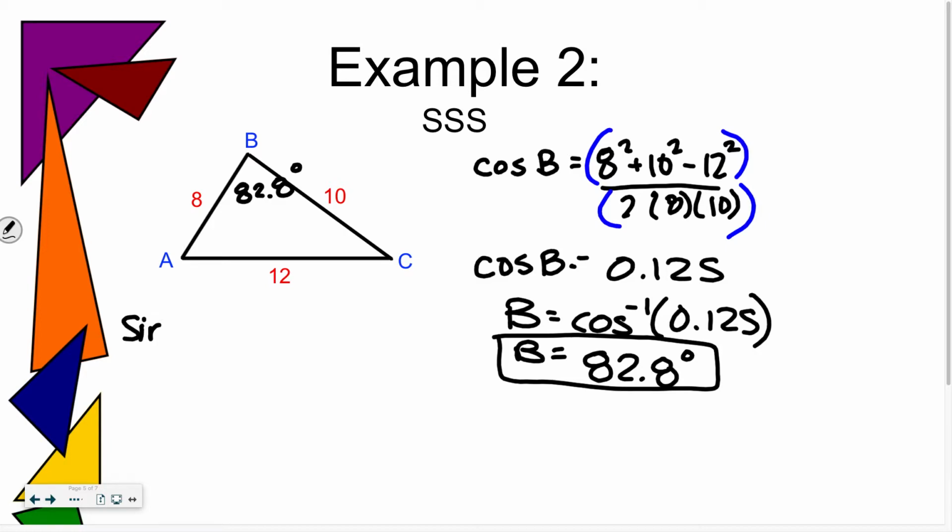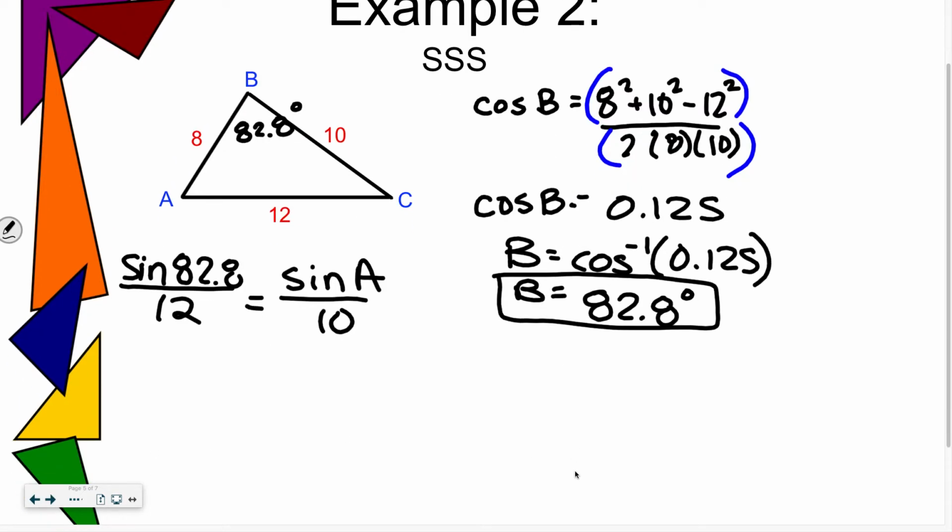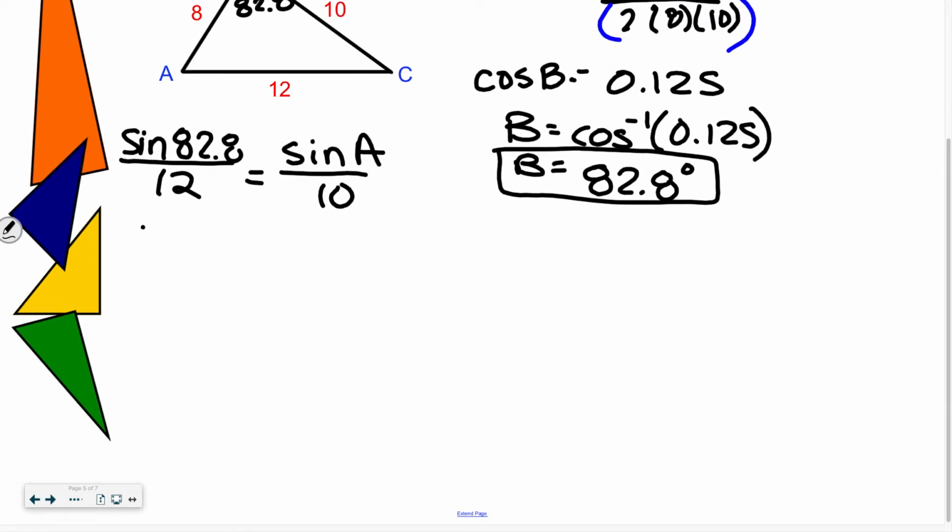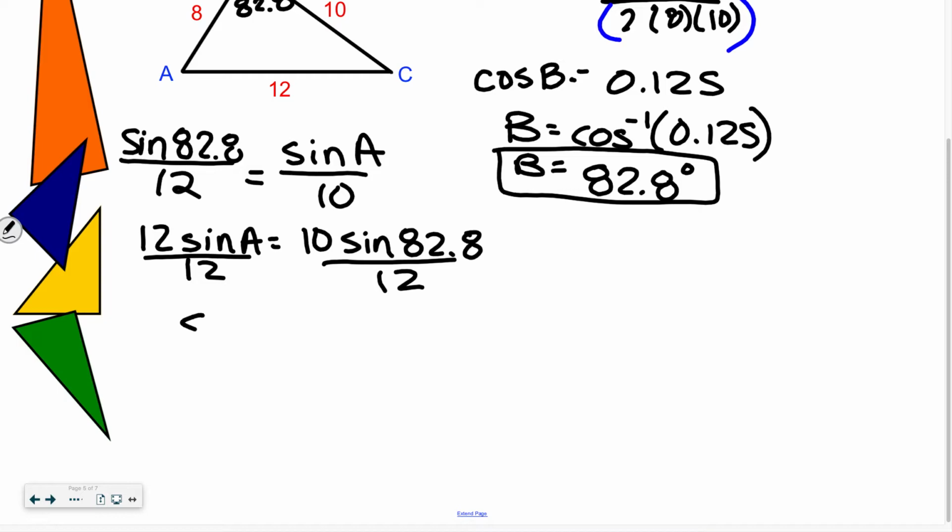So I can say the sine of 82.8 over 12, because that's the matching pair, is equal to the sine of, do you want to find A or C first? A over 10. Cross multiply, so that's going to be 12 sine A equals 10 sine 82.8. Divide by 12 on both sides.